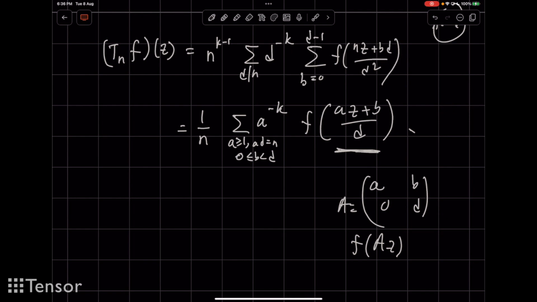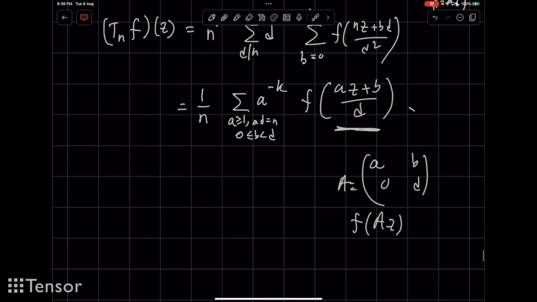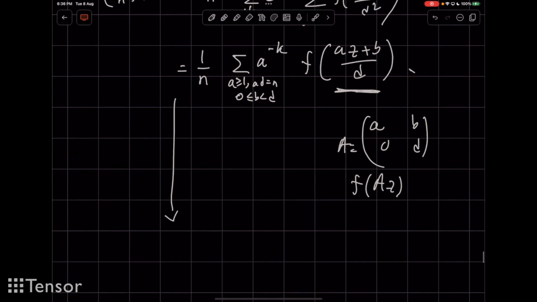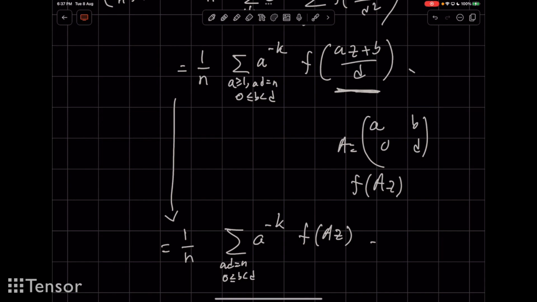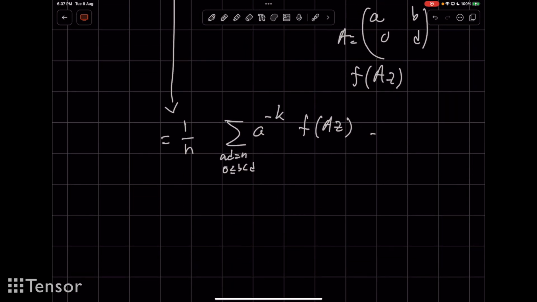So we can rewrite this as 1 over n, sum of a to the minus k, f of Az, where the conditions are as before: ad equals n, b is from 0 to d, and so on. So this gives us the motivation to define some sort of transformation of order n.